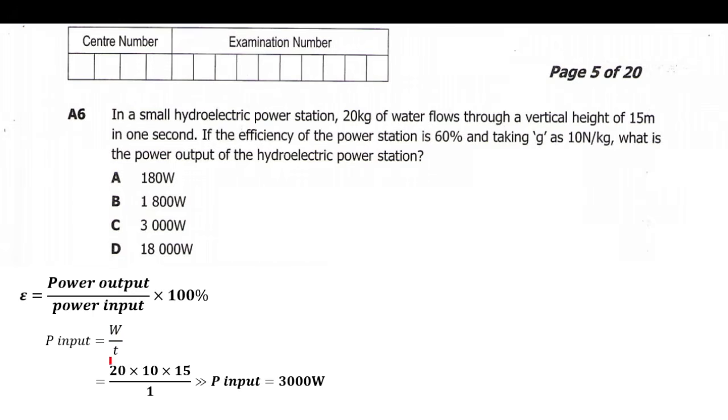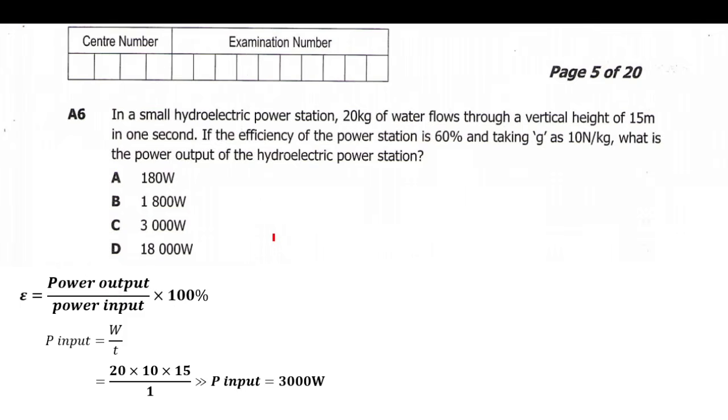So force is here 20 kg times 10 gives us force, and this is the distance here, then divided by time, which is 1 second. Then this gives us our power input to be 3,000 watts.